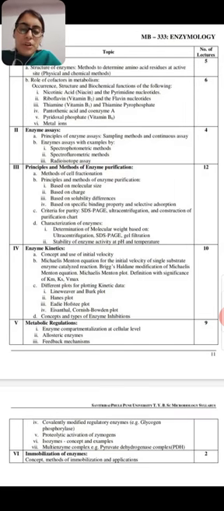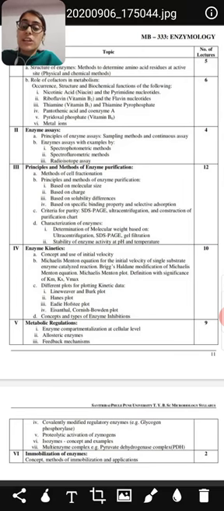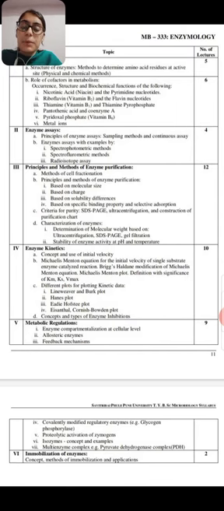The main purpose of enzyme assay, actually two main purposes are there. The first main purpose is to determine the particular enzyme present in the given sample. For example, we take the enzyme invertase. We want to check whether this enzyme invertase is present in the given sample or not.